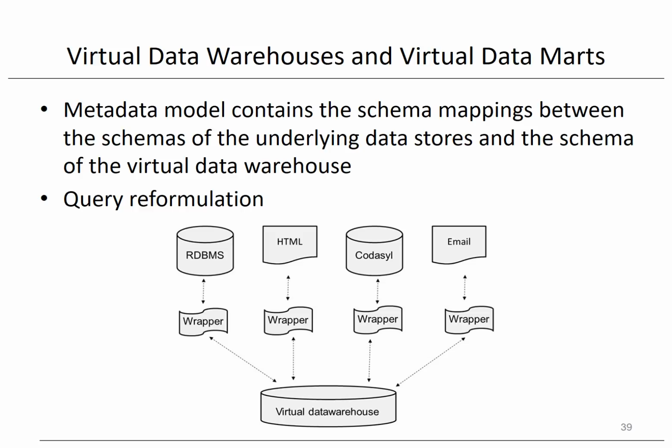This provides the queries with a real-time perspective on the underlying evolving data. In this figure, the wrappers are dedicated software components which receive queries from the upper level, execute them on the underlying data store, and convert the result to a format, for example relational tuples, that can be understood by the query processor.